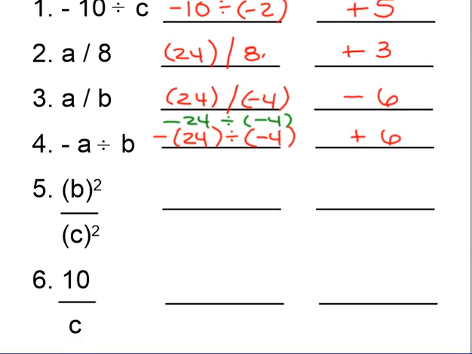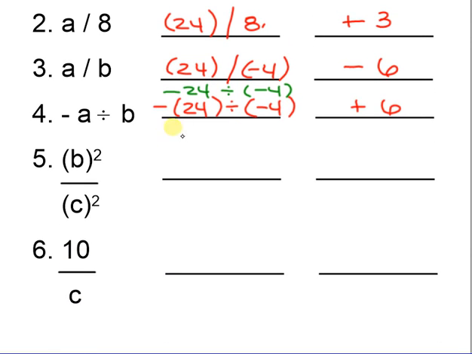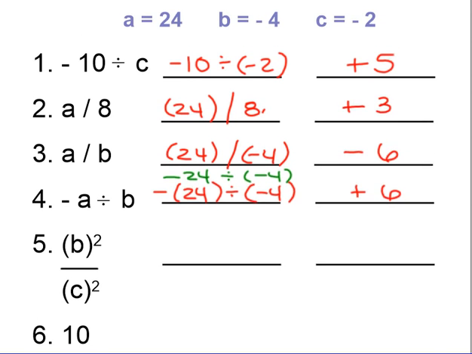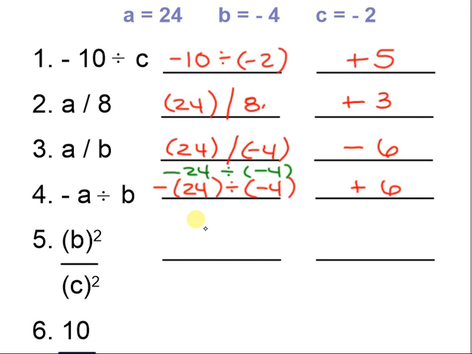Now this one here has multiple steps. Remember, order of operations, you're always going to do your exponents first, okay? I gotta see what b is. All right, so we have b, and I'm going to expand it out, which is going to be -4 times -4, and all of that fraction bar division over c squared, and I'm going to expand it out, so I have -2, -2.